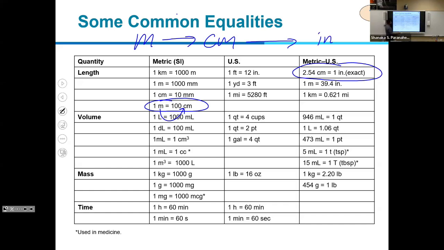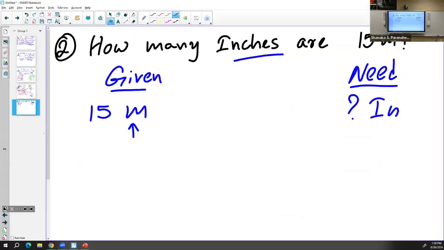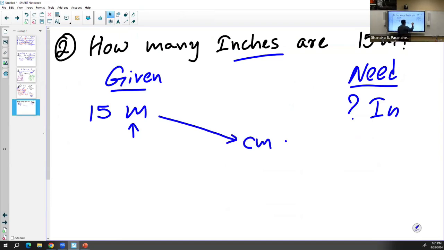One can do the calculation in one equation using this one, but if not, you can use both of these equations. This converts meters into centimeters, and this converts centimeters into inches. So I'm going to use two equations and show you how we are going to set up the calculation. The method that I'm going to use is meters into centimeters and centimeters into inches. Basically, when we don't have a single equation between given and needed unit, we find a common unit that can connect both given and needed.